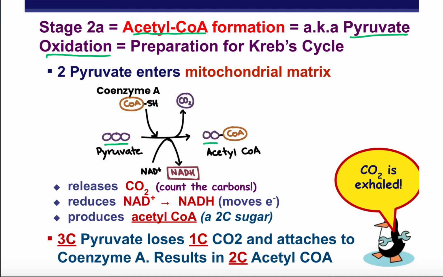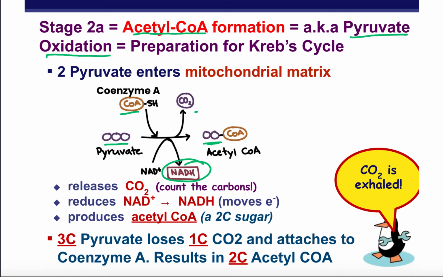It's also going to gain a coenzyme A, and that coenzyme A is going to attach to the molecule, and that's going to help it enter the next stage of this process. In addition, you're going to lose one of your carbons, so you turn from a 3-carbon molecule to a 2-carbon molecule, and again, very critically, you're going to gain a little bit of NADH. And that's the main process here.